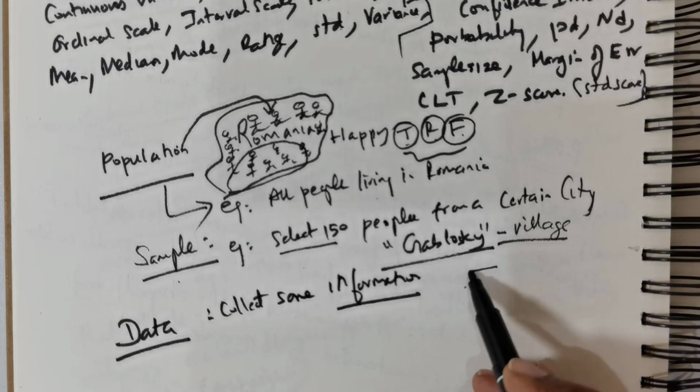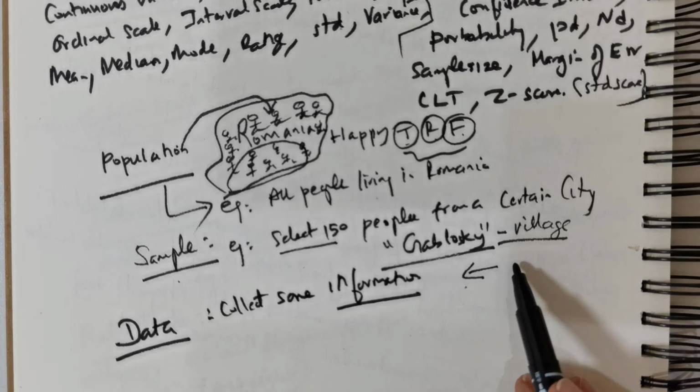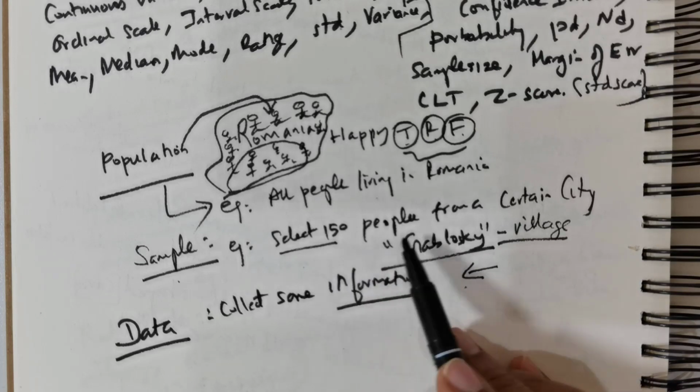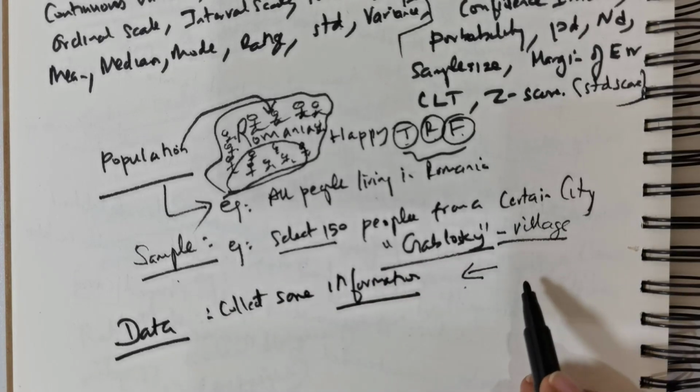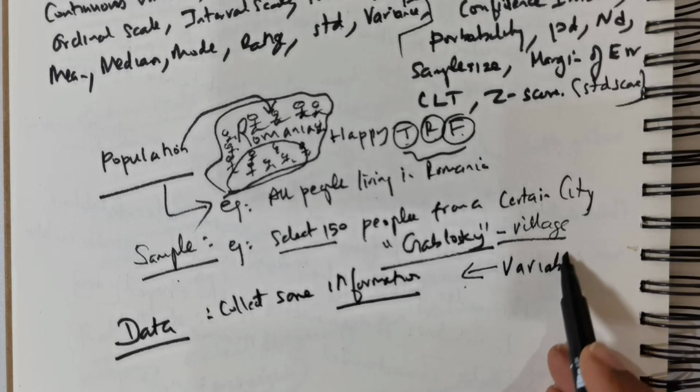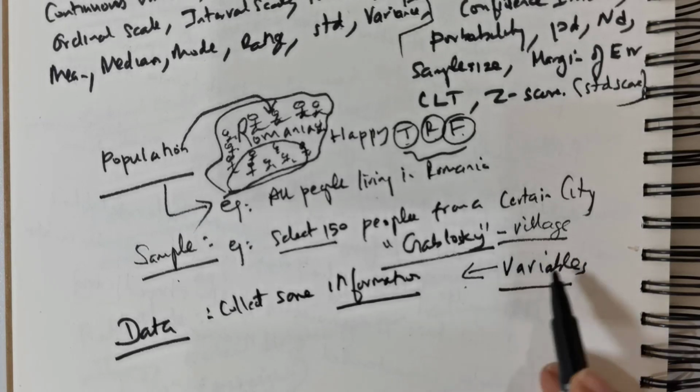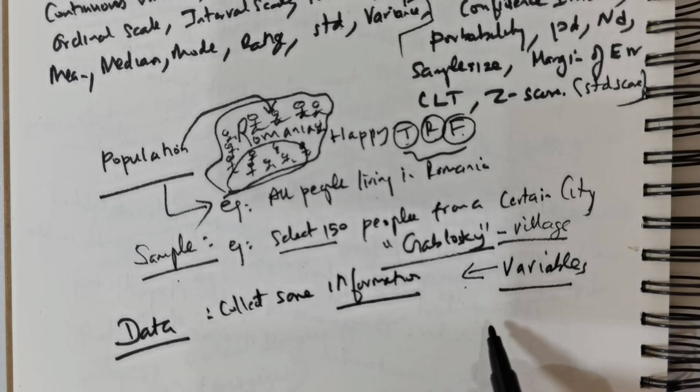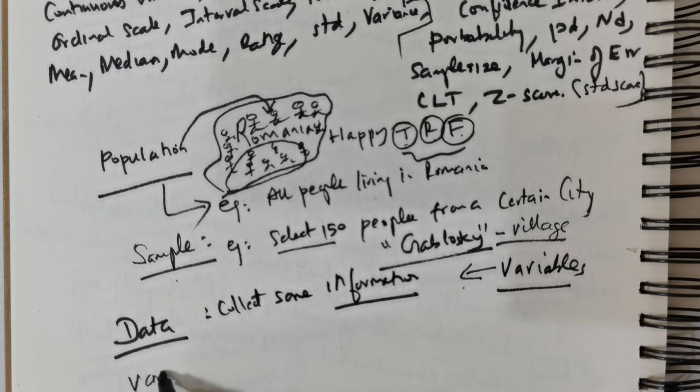When we are asking questions to the people we have selected, the sample, we have to know the variables. So we will target the questions around the variables that we are taking into consideration. So next comes variables.